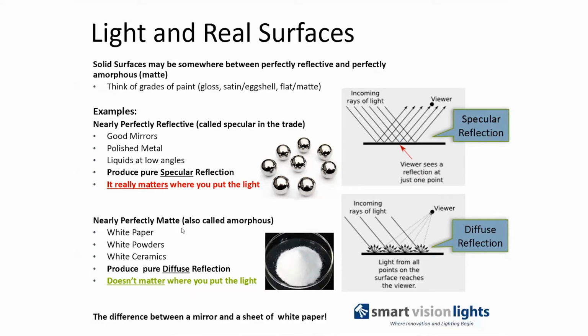Perfectly matte surfaces can be things like white paper, often powders, ceramics, or those kinds of things are very good at this, and they produce a pure diffused reflection.